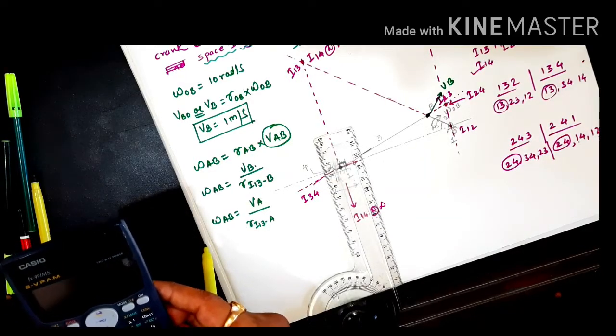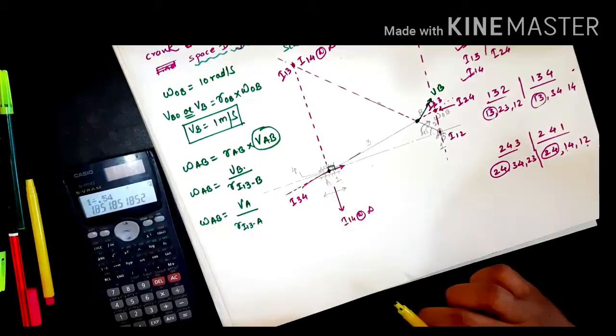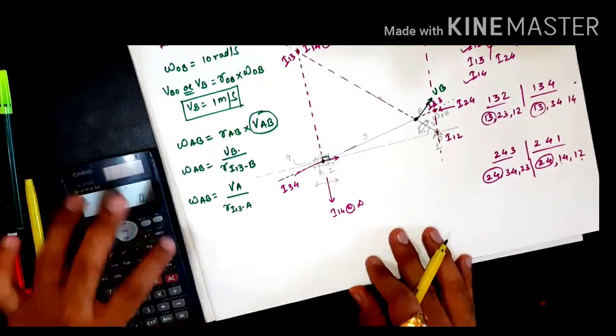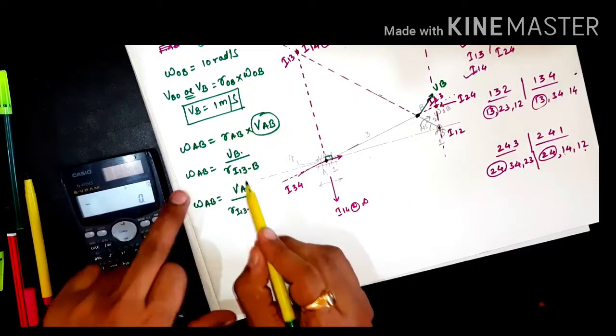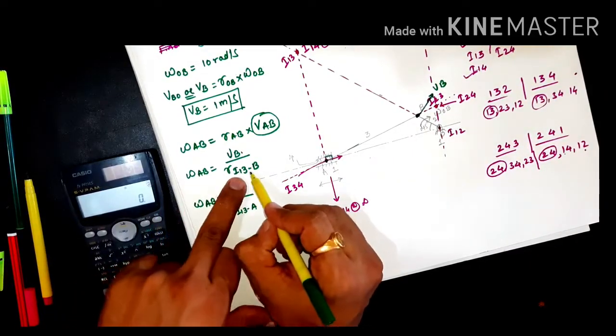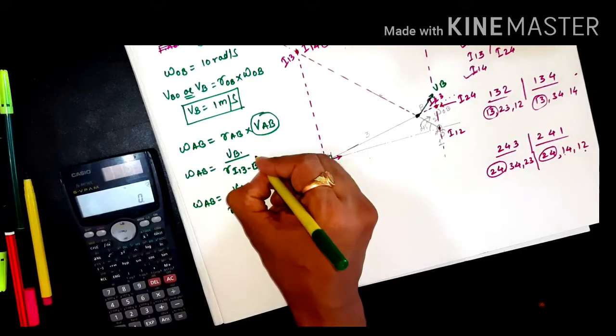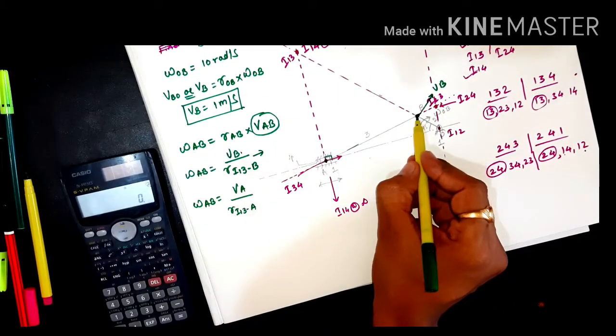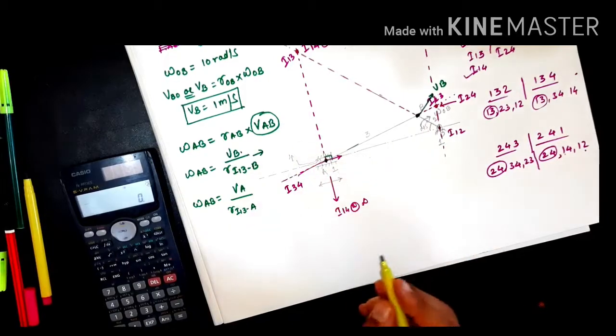So we have to calculate VA and omega AB. I13B we have measured, and it is coming 108 mm on the drawing, with the scale of 1 cm equal to 50 mm. It means 10.8 centimeter.